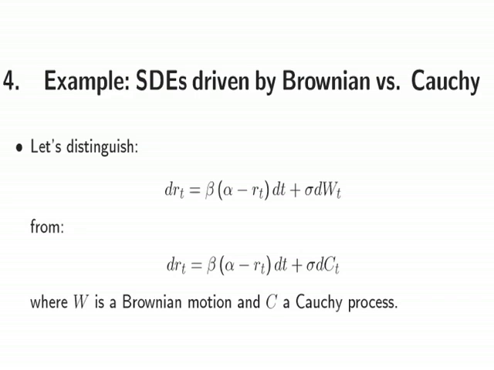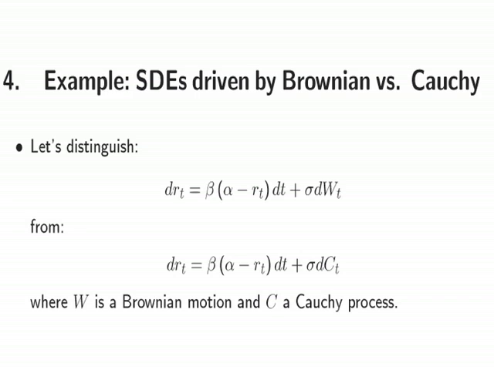So here's one example. Let's see what happens if you take a model which is an Ornstein-Uhlenbeck. That's that model above. This is the classical Ornstein-Uhlenbeck process, linear mean reversion in the drift, and the noise is driven by a Brownian motion, compared to a model which is almost the same, except that the paths are driven by a pure jump process, which is a Cauchy process, the same process I used as an example this morning.